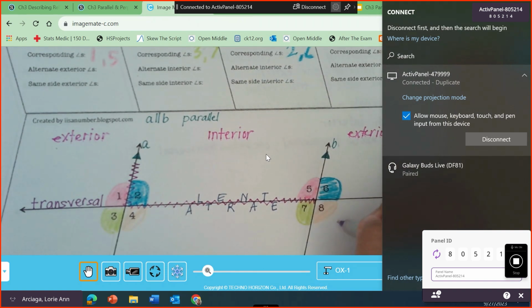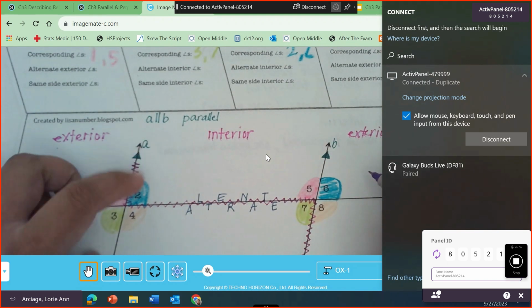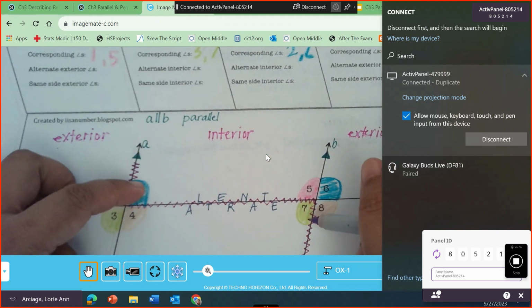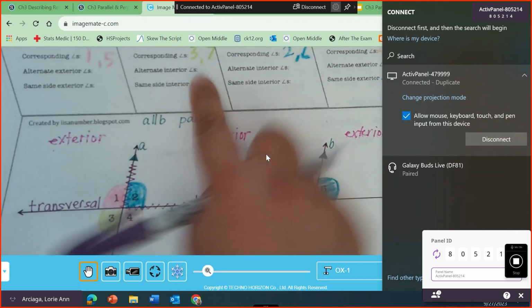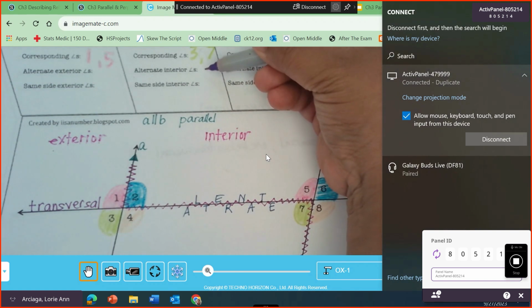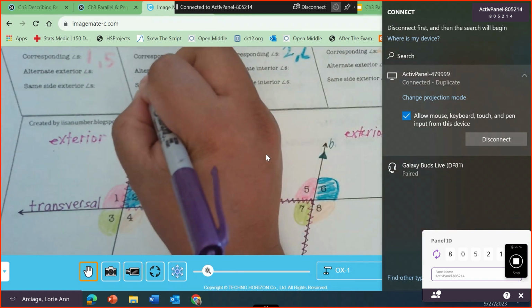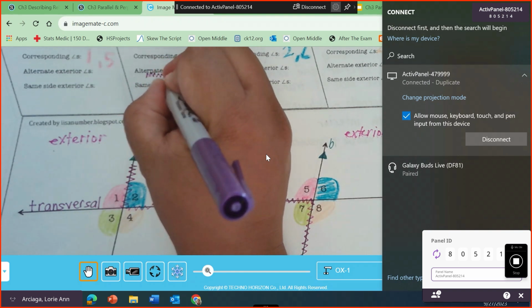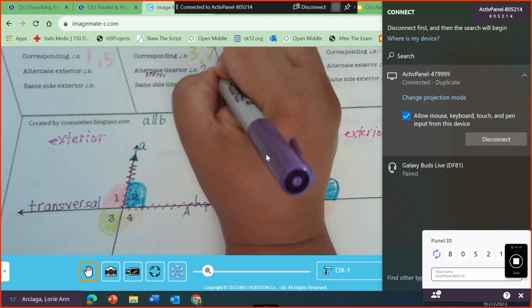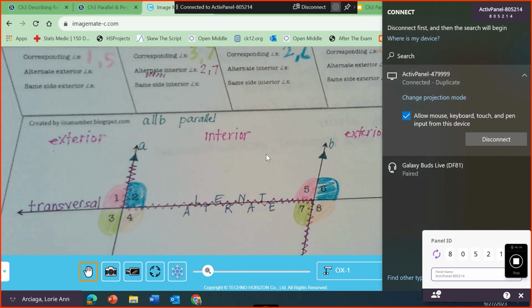No, because it's alternate interior, so I have to go down like this. Okay, so those are your alternate interior angles. 2 and, what's the partner? 7. Okay, so where is alternate interior? Here, this one. That's the one we put a zigzag for. So 2, 7.